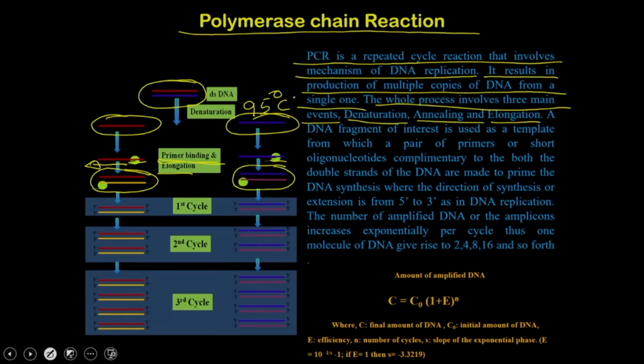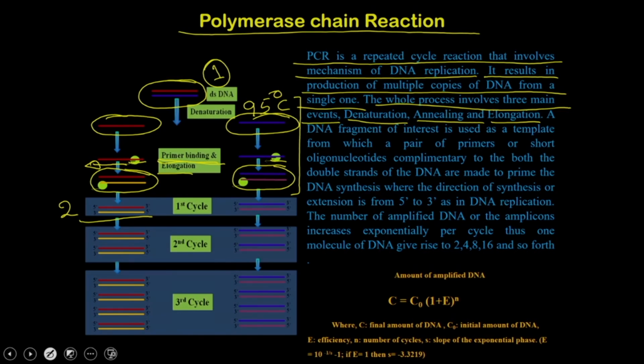This constitutes the first cycle. After the first cycle, since you started with one DNA, you get two DNA, but as you can see, it is semiconservative, which means one strand is from the original DNA and the second strand is newly synthesized.